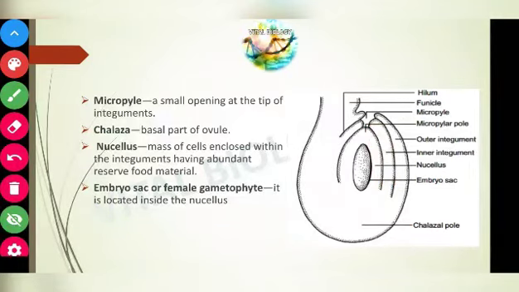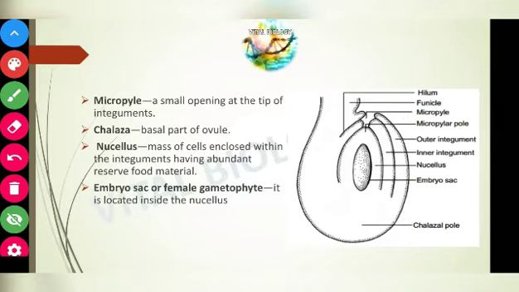Functionally, the nucellus stores reserve food material, which it supplies for the ovule and embryo sac development.